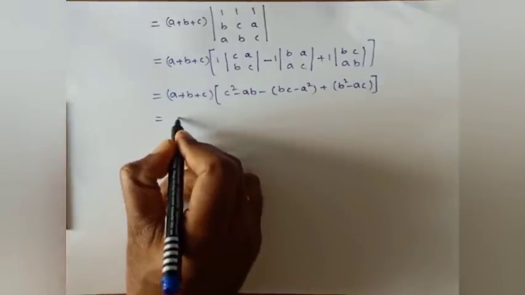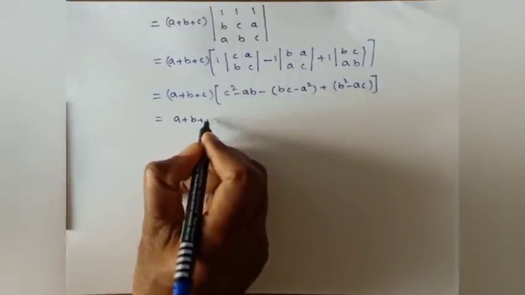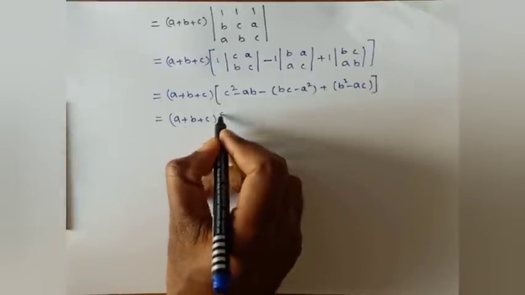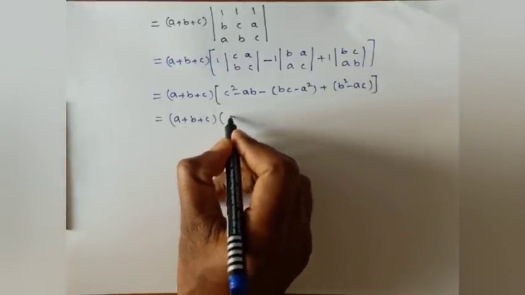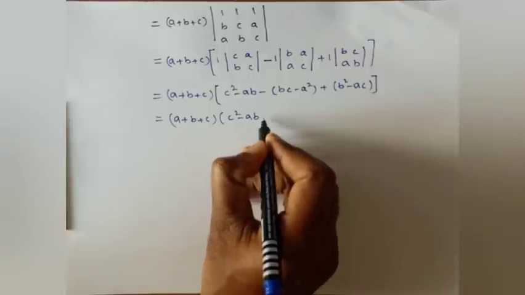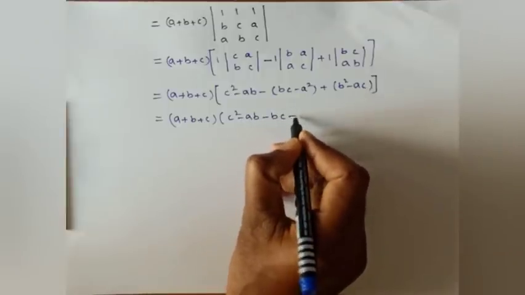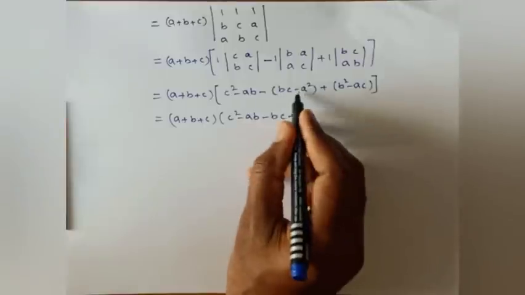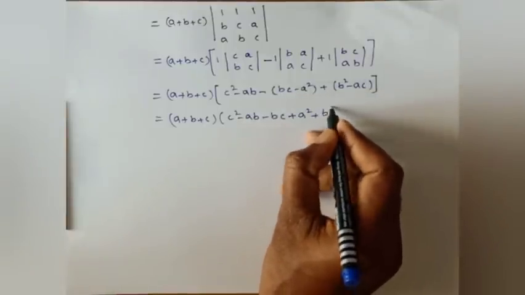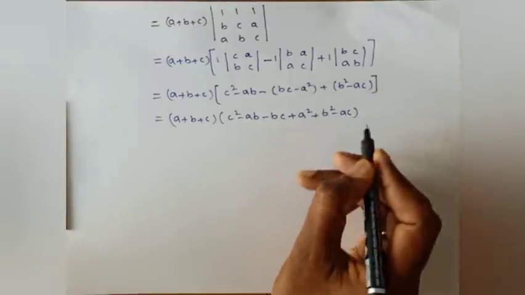Now this is a plus b plus c times, c square minus ab minus bc plus a square plus b square minus ac.